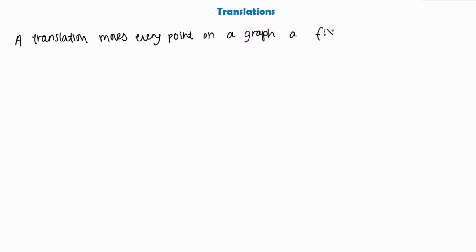Now, to define what we mean by a translation, we will say that a translation moves every point on a graph a fixed distance in the same direction.